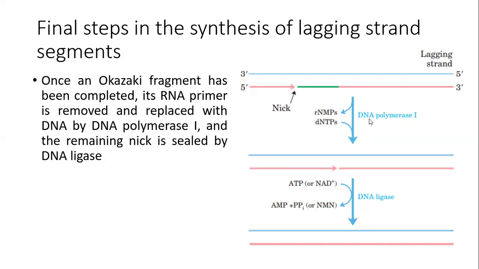This is done by the activity of enzyme DNA polymerase 1 and by a process which is known as nick translation. And at the end, only phosphodiester bond formation will be remaining, which is known as a nick. And this nick or formation of the final phosphodiester bond is done by enzyme DNA ligase.